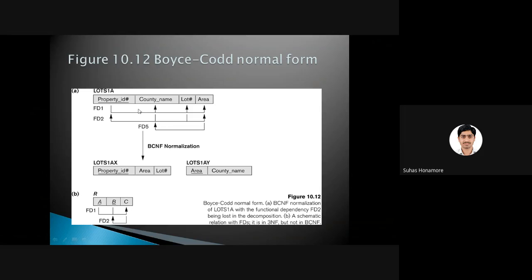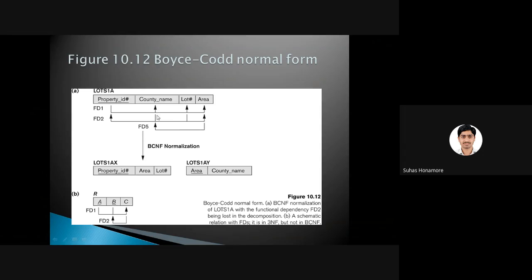From FD1, property ID is X, and all the remaining attributes together I can say as A. So X to A is there, so X should be a super key. Since it's a primary key, we can say it is a super key also.